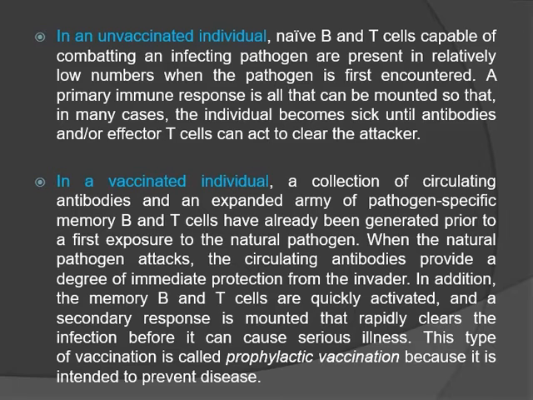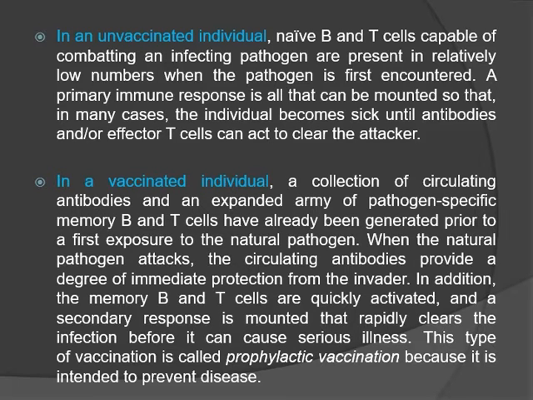In a vaccinated individual, a collection of circulating antibodies and the expanded army of pathogen-specific memory B and T cells have already been generated prior to a first exposure to the natural pathogen. When the natural pathogen attacks, the circulating antibodies provide a degree of immediate protection from the invader.